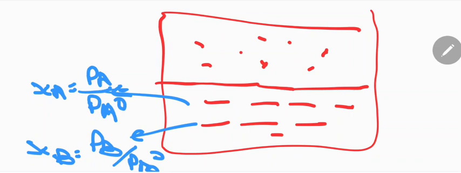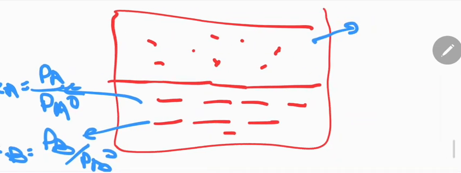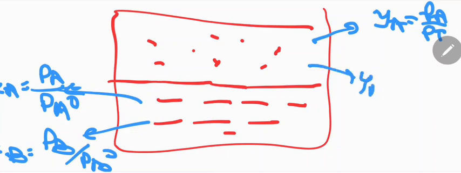And for vapor state, the composition of A is YA equals PA upon P total and YB equals PB upon P total. Understand, children? You can get a question on this also. So this is the second part.